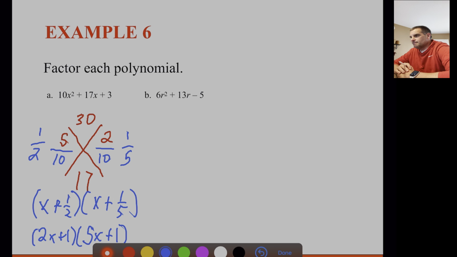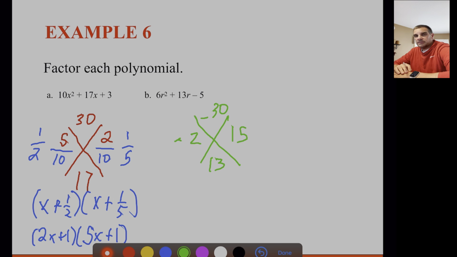The next one: top, negative 30. On the bottom, 13. So it's negative, so one's negative and one's positive. So negative 2 and 15.